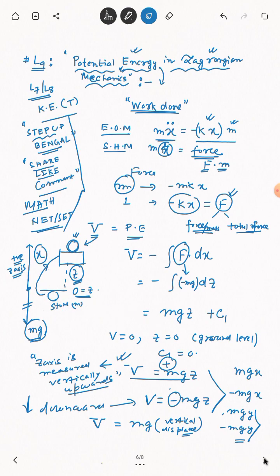Now comes again one of the most beautiful things, that is in case of SHM, simple harmonic motion. One example of such motion is the motion of an elastic string.